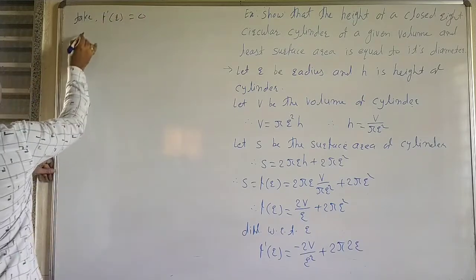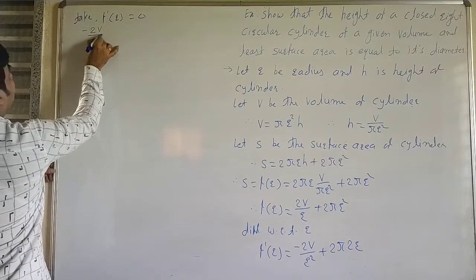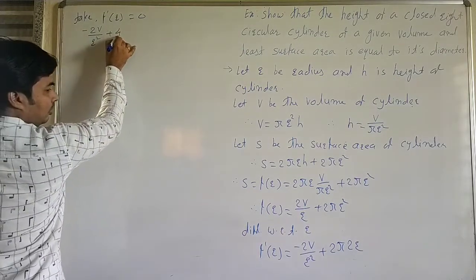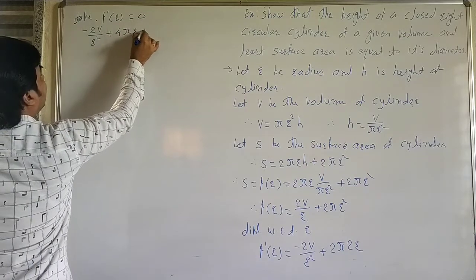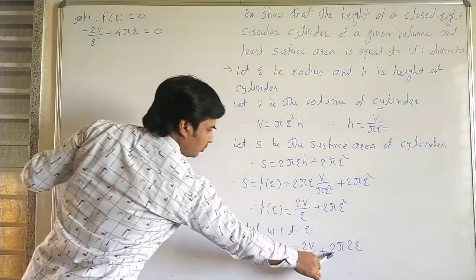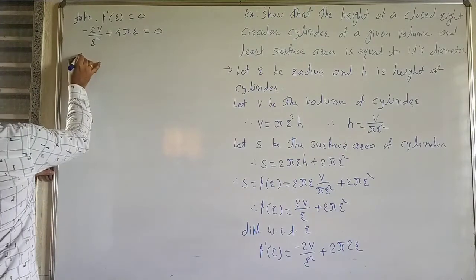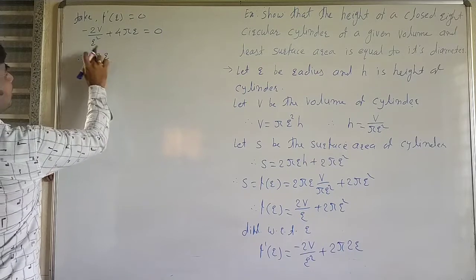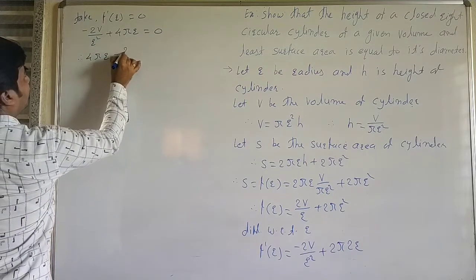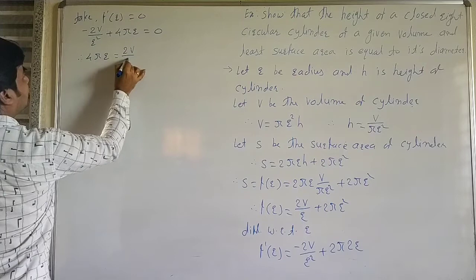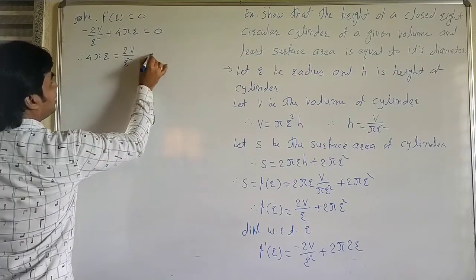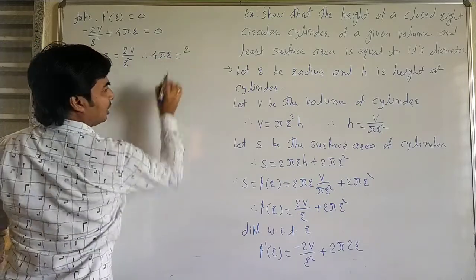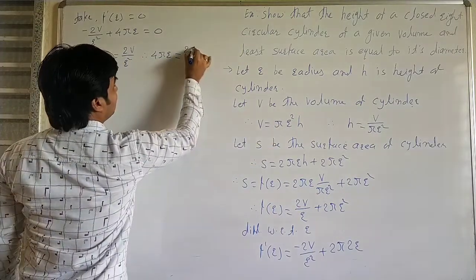Therefore we can write minus 2 phi upon r square plus 4 pi r is equal to 0. So 4 pi r is equal to 2 phi upon r square, where phi is pi r square h.